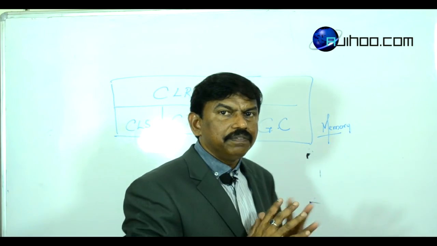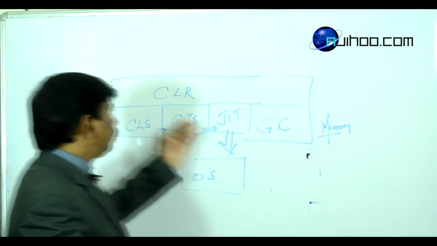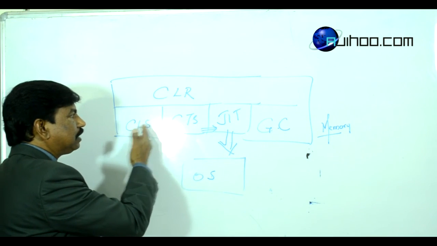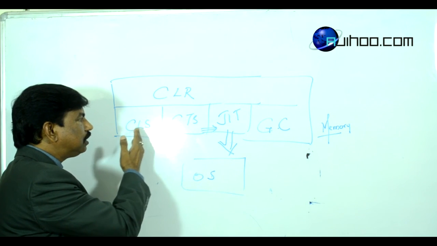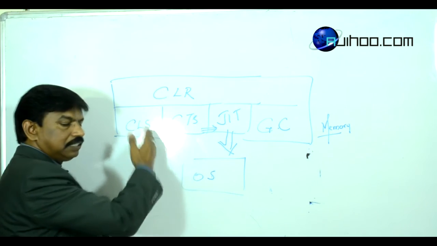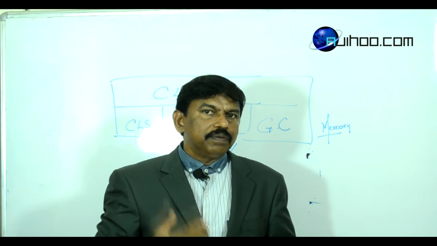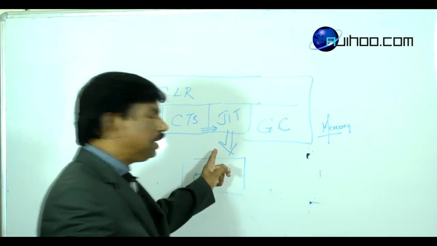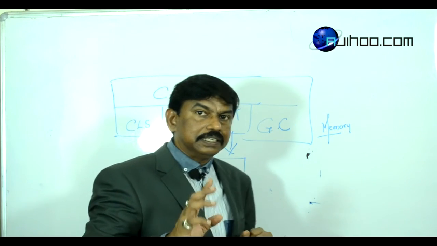And the process of how it will run, let us see in an example. So CLR will have parts: CLS, CTS, JIT. And we have discussed how CLS and CTS and JIT will convert the code of C# or code of VB or code of F#, which is defined by Microsoft, into native code. And now we are going to discuss the garbage collector.